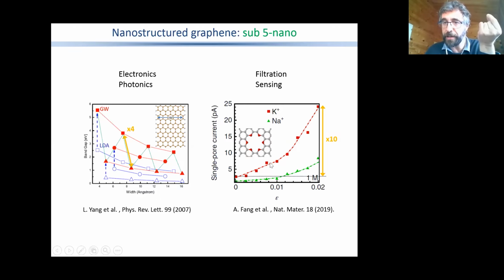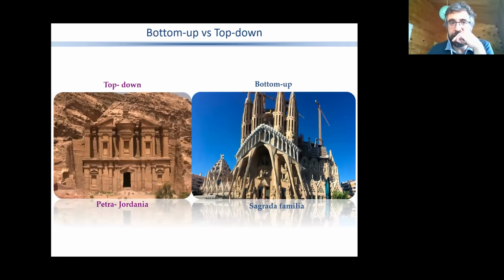And still we can increase the ionic current by a factor of 10. So you see how dramatic these differences can be. If you are not able to control the pores with atomic precision, then I think you are quite lost in the control of the ionic permeation. So these are two examples, pores and also the material part of graphene, the ribbons, of the fact that you need atomic precision. So that's where we start.